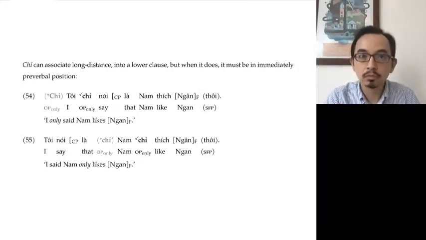나는 단지 남이 리간을 좋아한다고 말했다. But if I think only appears in the embedded clause before nam, then I can get the interpretation as 나는 단지 only 남이 리간을 좋아한다고 말했다.